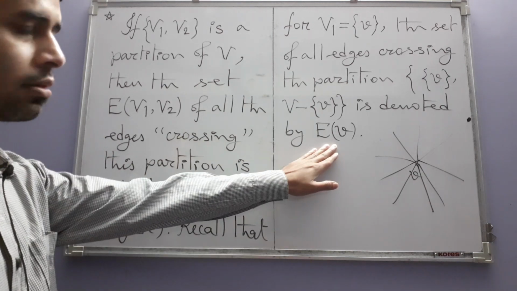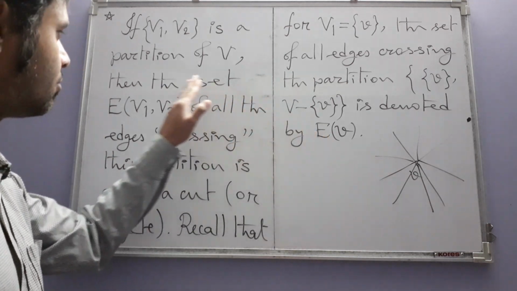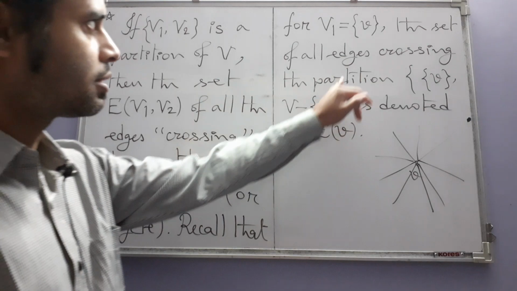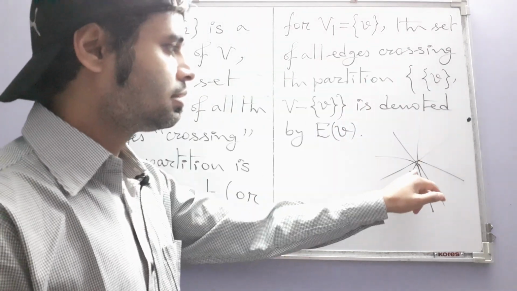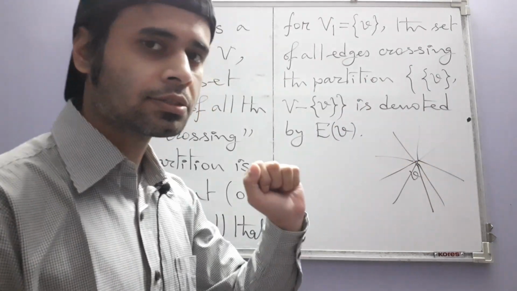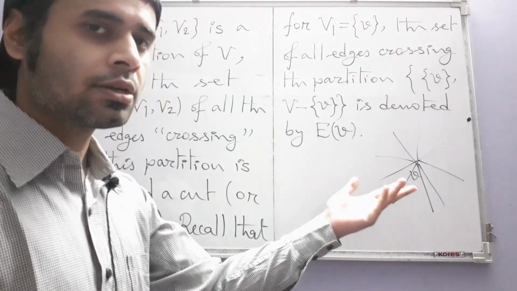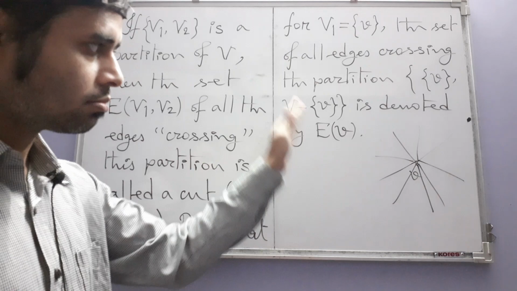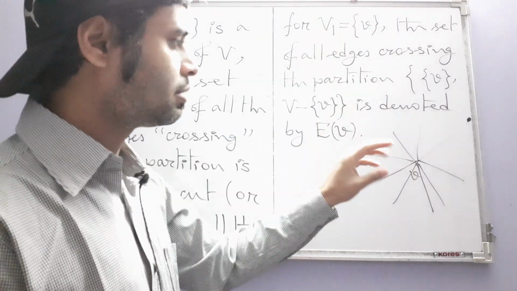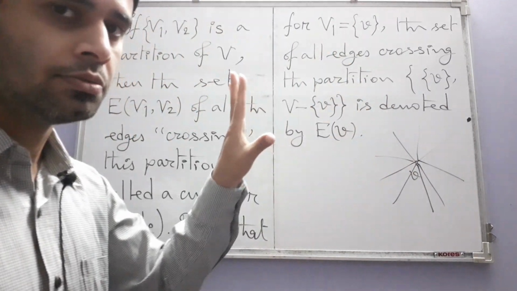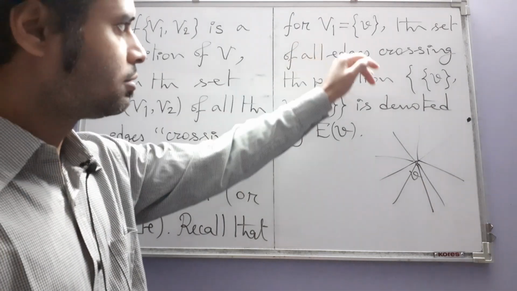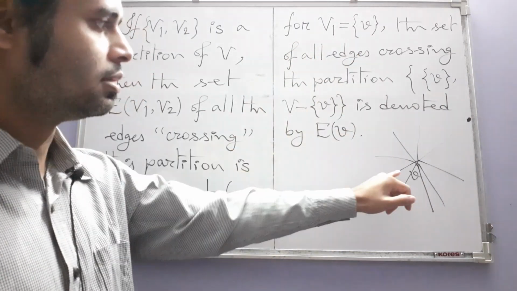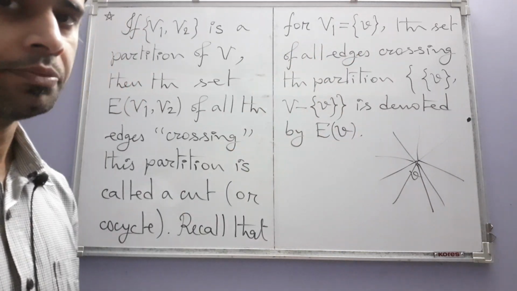Note that this is obviously a special case of the above, because in this case one partition set consists of this single vertex v and the other obviously consists of the remaining vertices, so the edges between V1 and the rest V2, which is obtained from V by removing this single vertex v.